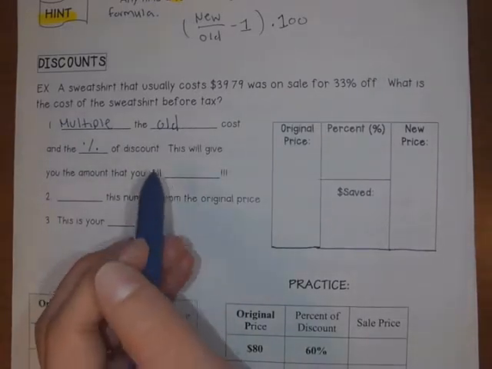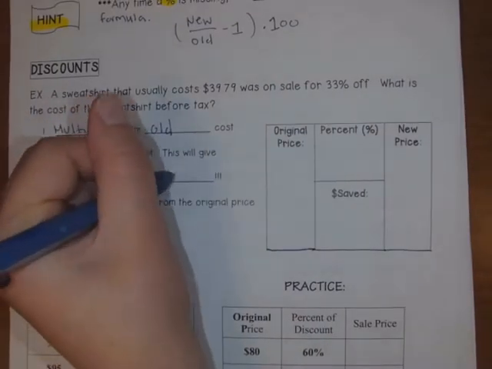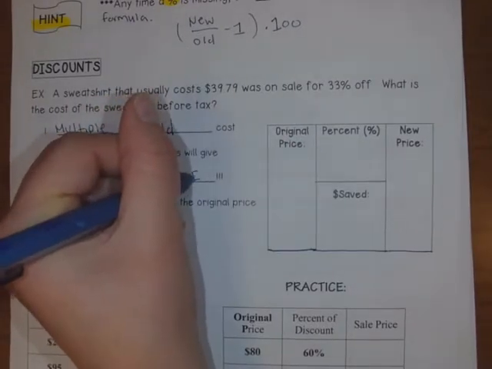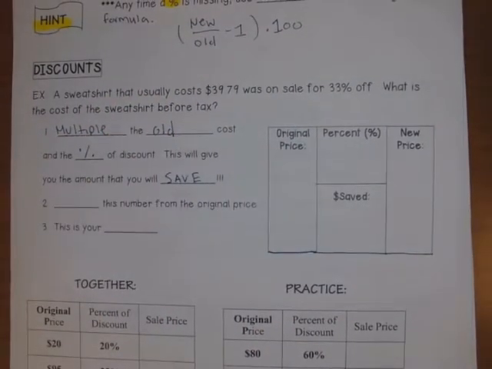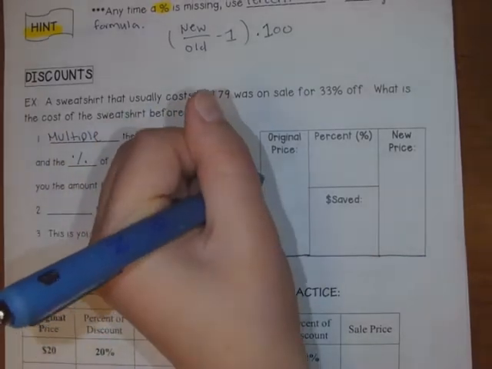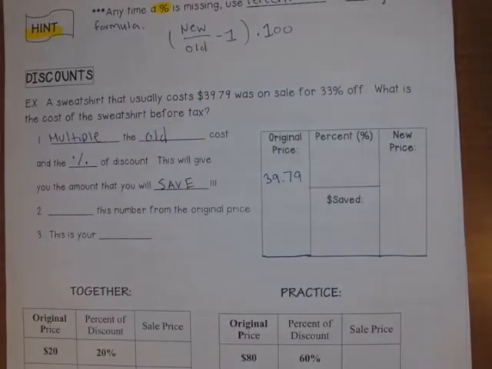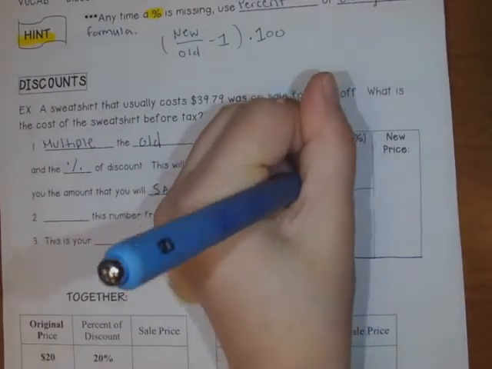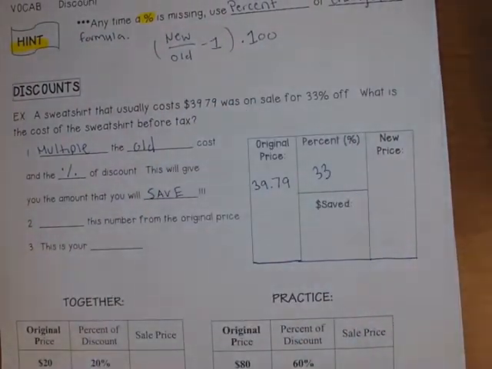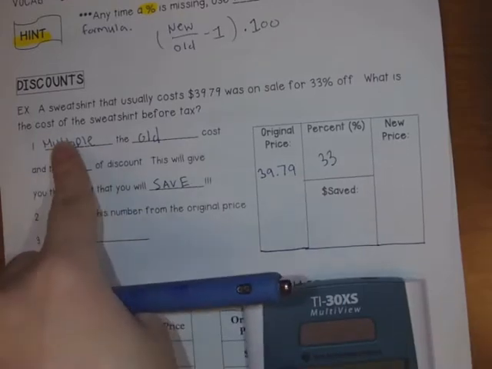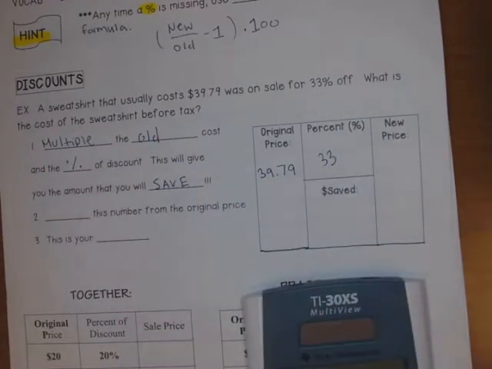Okay? And this will give you the amount that you will save. That's important. So you have your original cost, which is $39.79. And then you have your percent, which is 33%. So the first step is to multiply these two.